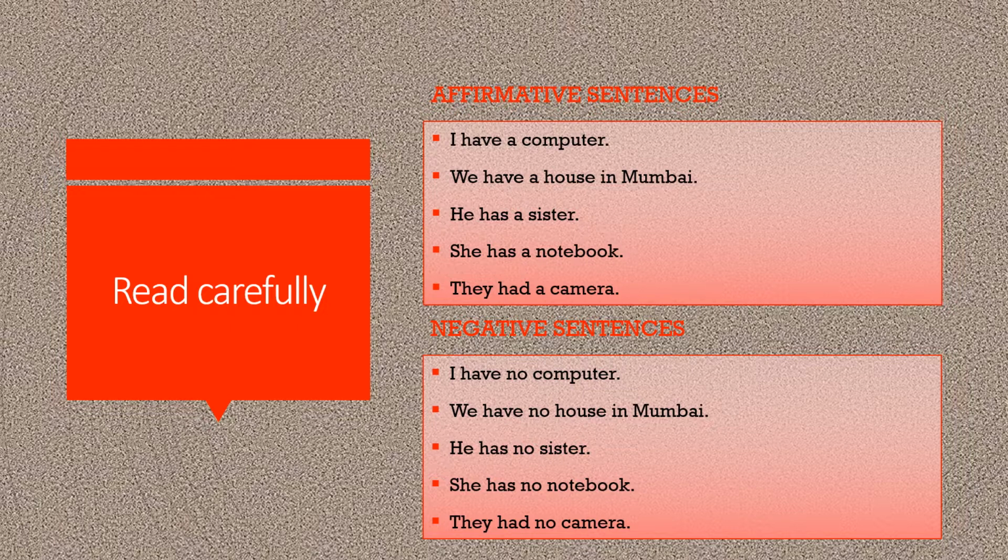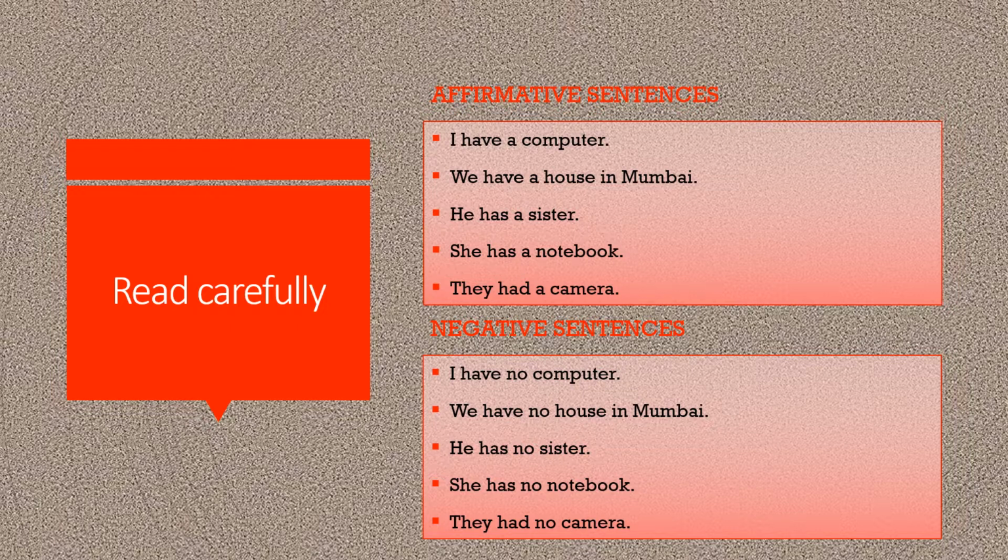She has no notebook. They had no camera. So, in the negative sentences, we can see the sentences containing have no, has no, had no. So, these sentences all show possession.